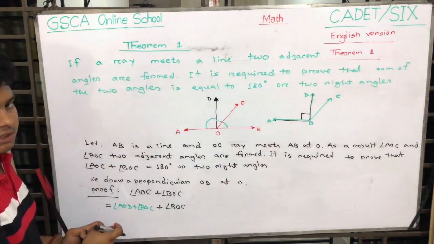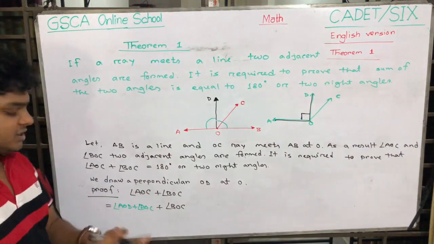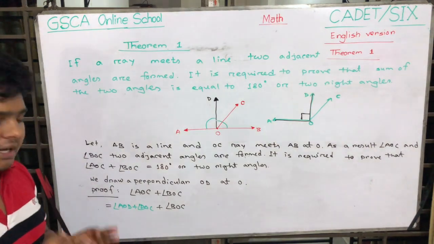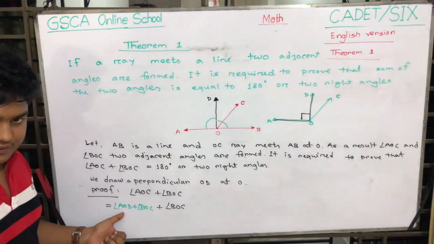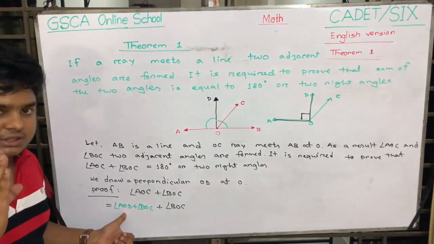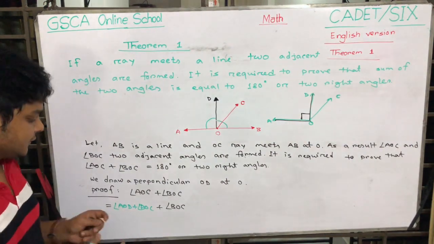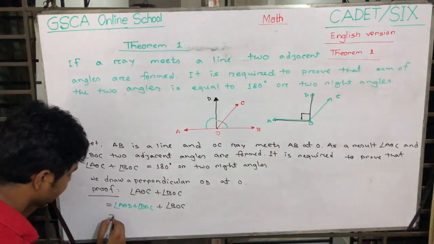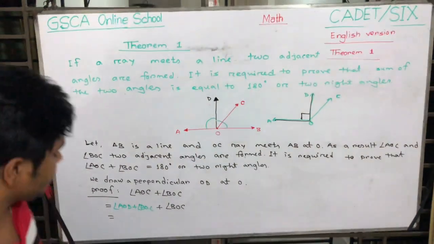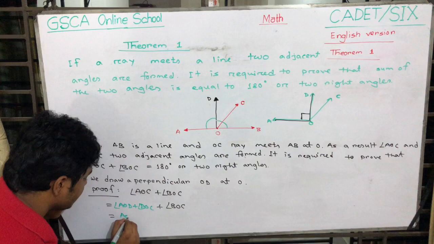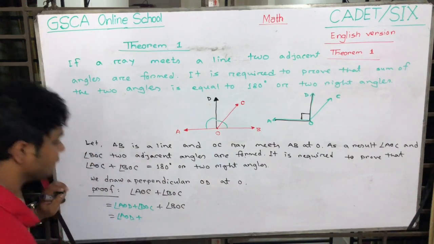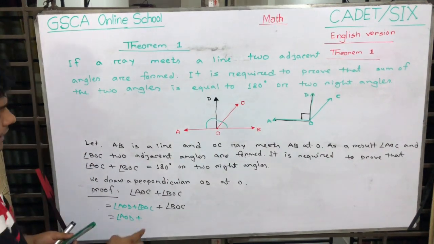So keep that remaining. We won't touch AOD; instead of AOD we can write one right angle or 90 degrees, right? So keep that, and write AOD.